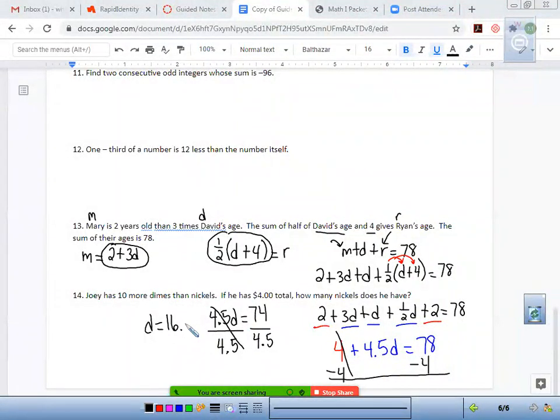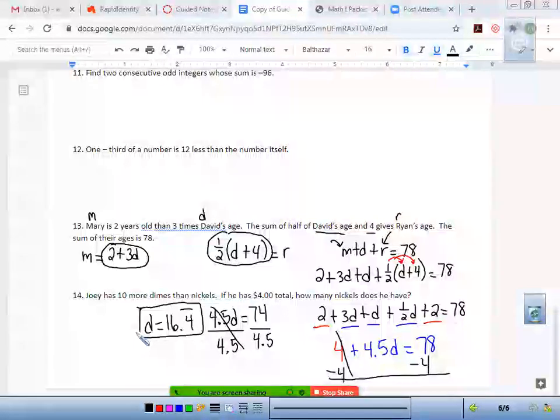16.4 repeating. Okay, that's a very odd answer, but we'll go with that. So that is David's age. Could we use it to help us find Mary and Ryan? What will we do?